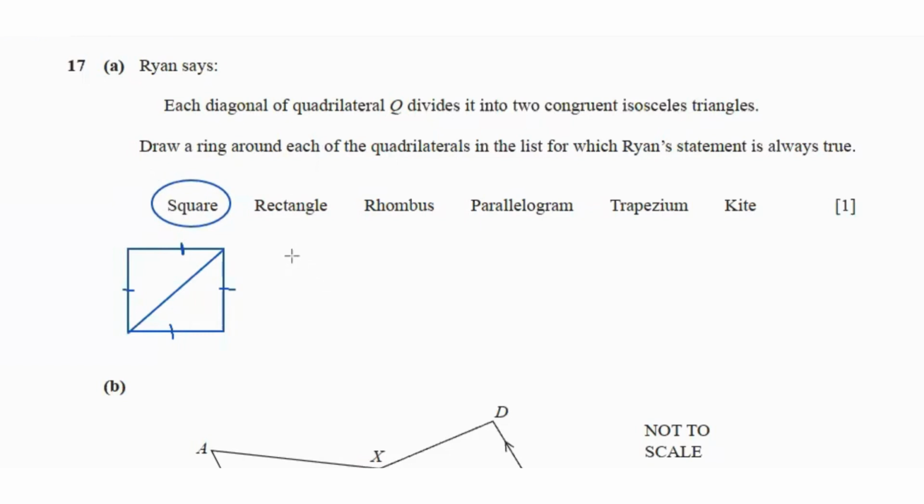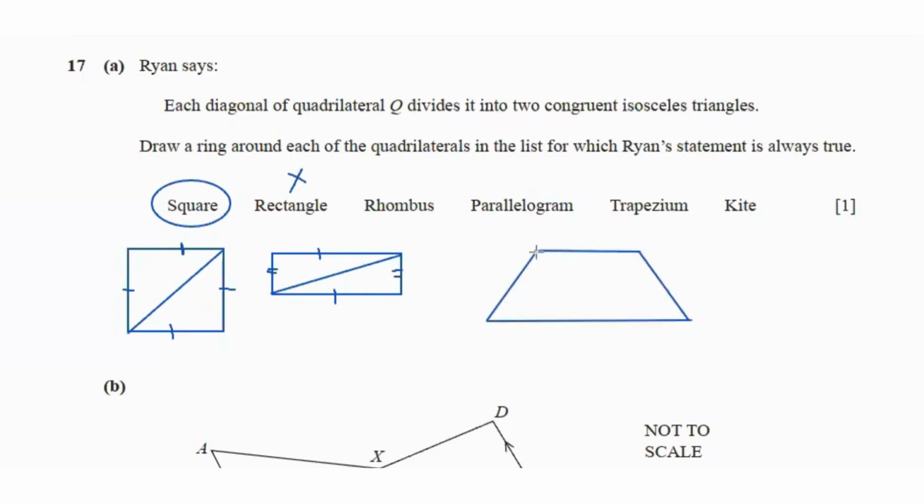A rectangle will not give us the same answer because when we split a rectangle using two diagonals, we don't have the same lengths. So that's not an isosceles triangle. That's a right angle triangle. This length is equal to this and this is equal to this. So this isn't. Even for a trapezium, it's not going to be correct because splitting it using a diagonal will not give us an isosceles triangle, because these two lengths are not guaranteed to be equal.